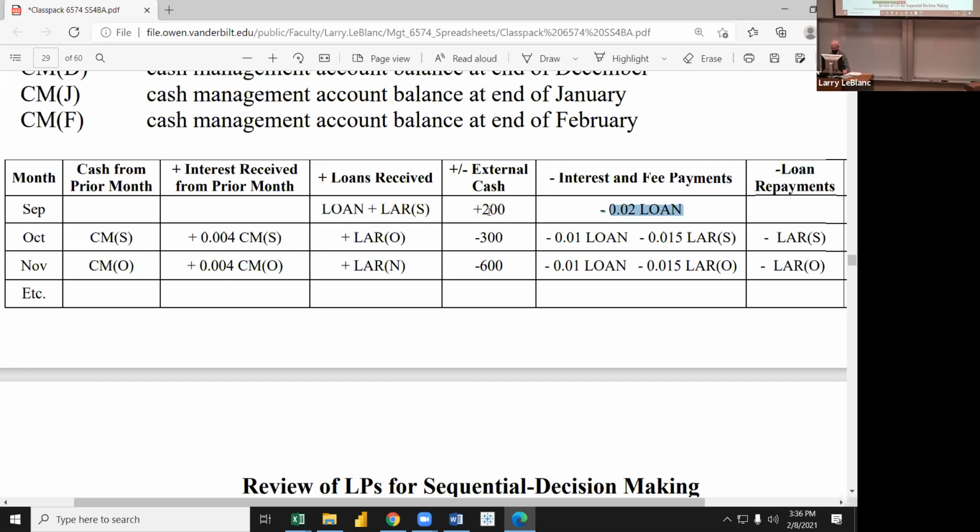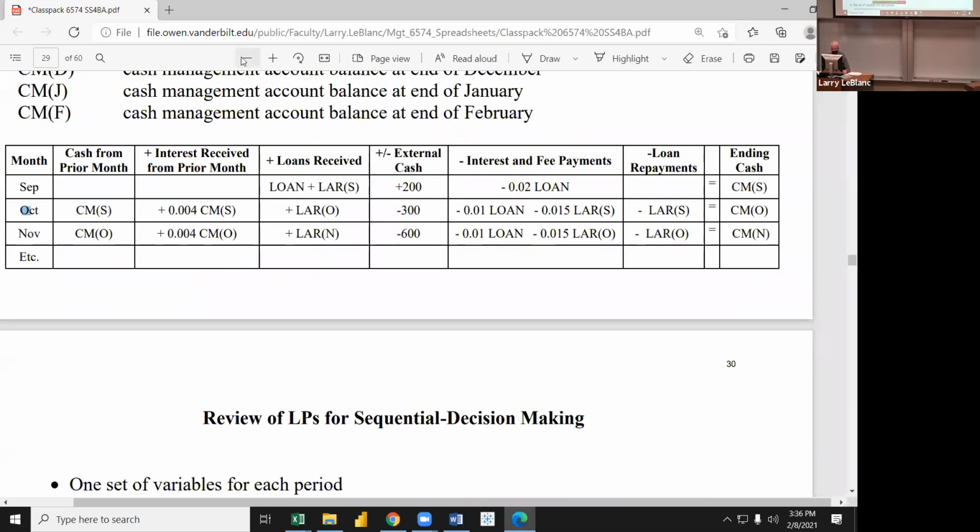Nothing for the little loan yet, because the little loan is paid back in October. Loan repayments not applicable. For October, let me see if I need to zoom down a little bit. Yes, I do. I was missing the right. The sum and difference of all these for September equals the cash management account at the end of September.